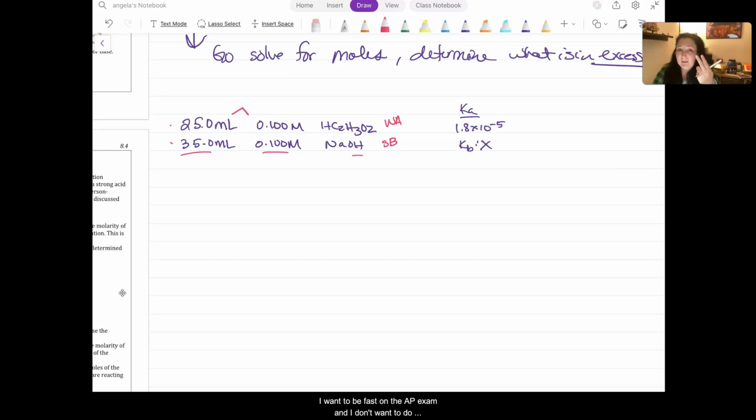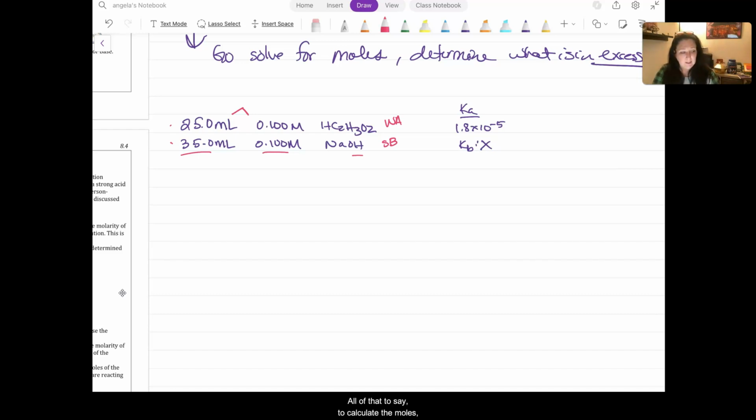I want to be fast on the AP exam, and I don't want to do any unnecessary and extra calculations, because I run the risk of making an error of typing something into the calculator the wrong way, or writing the wrong number down on the paper. There are so many ways that you can make little errors that you don't want to do that on the AP exam. So you want to minimize the amount of calculations that you do if at all possible.